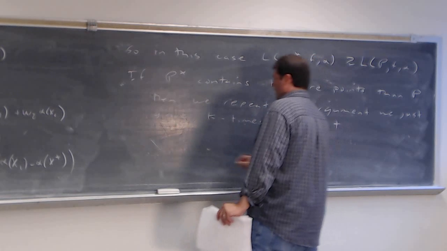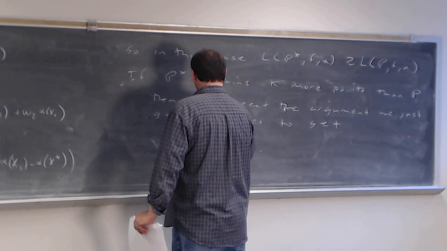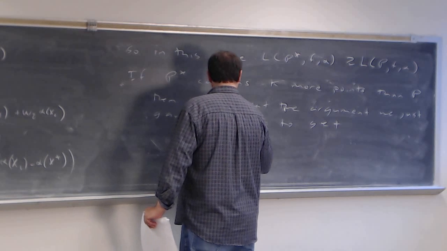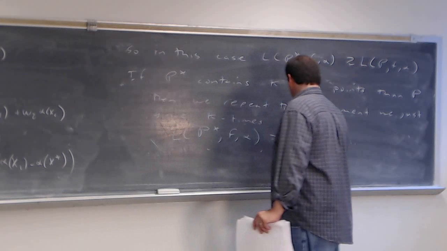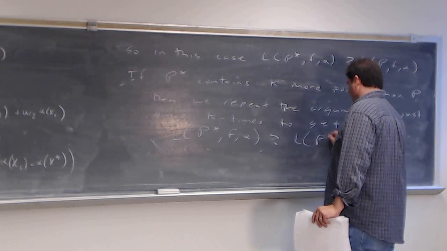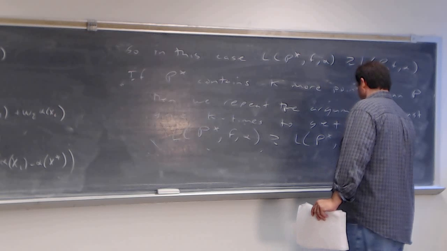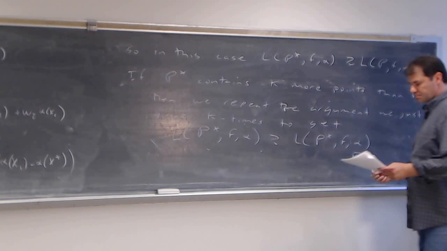So to get that the lower sum of the refinement is bigger than or equal to the lower sum of the original partition of f and alpha. And that's the proof.